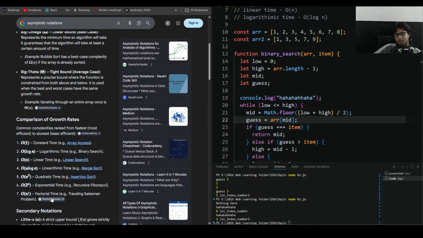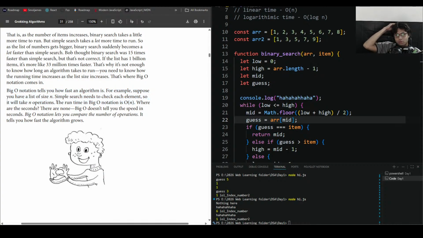Factorial time. This is the fastest, then comes this. Then O(n log n), O(n squared), then factorial. Where are the seconds?